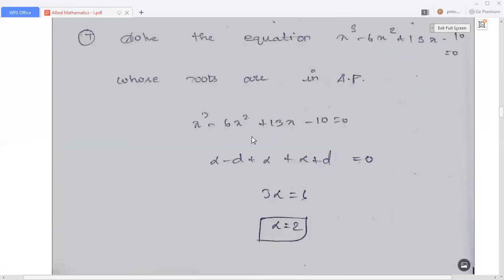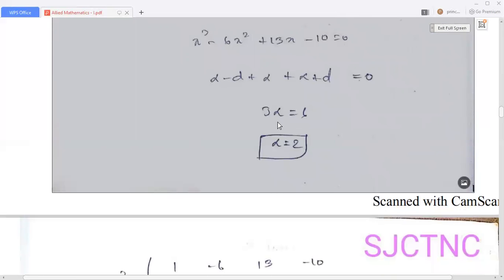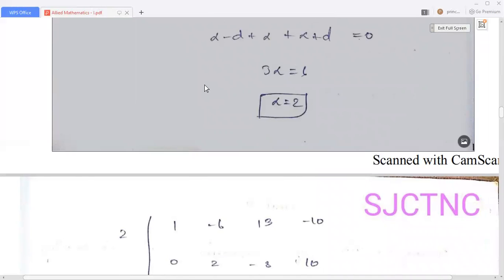Here we know that alpha minus d, alpha, alpha plus d are the roots of the given equation forming arithmetic progression. Therefore, we calculate the sum of all the roots: alpha minus d plus alpha plus alpha plus d equal to 6. So 3 alpha equal to 6, as minus d and plus d get cancelled. Therefore, alpha equal to 2. So we obtained one root.